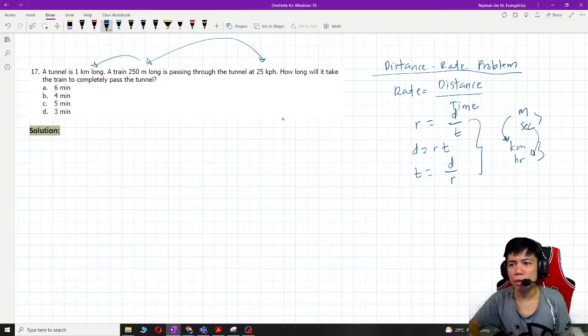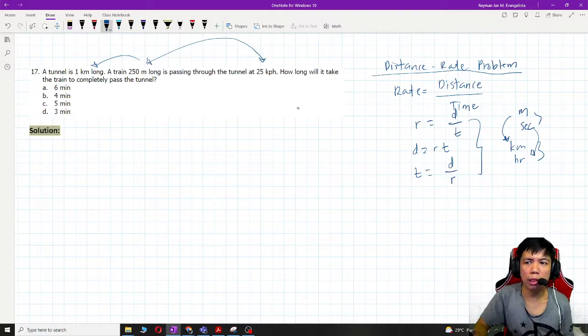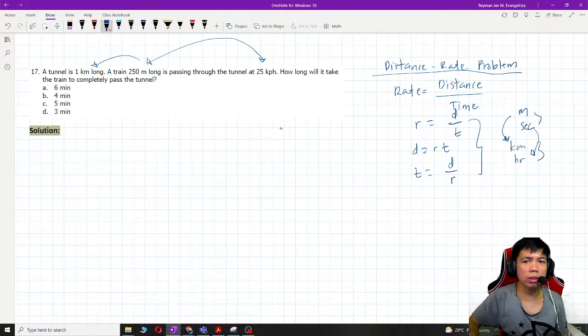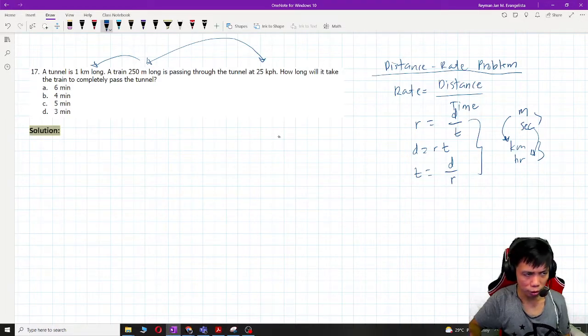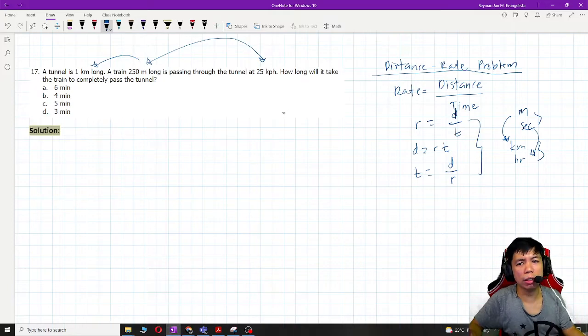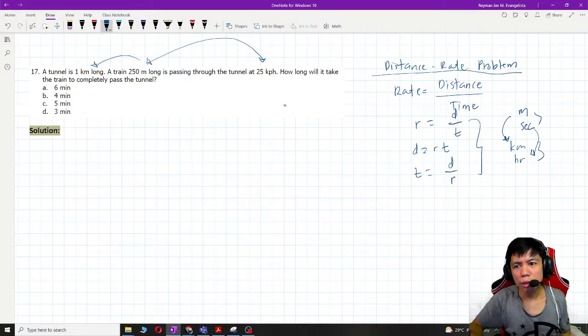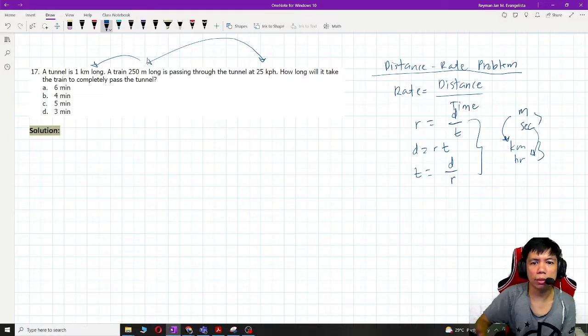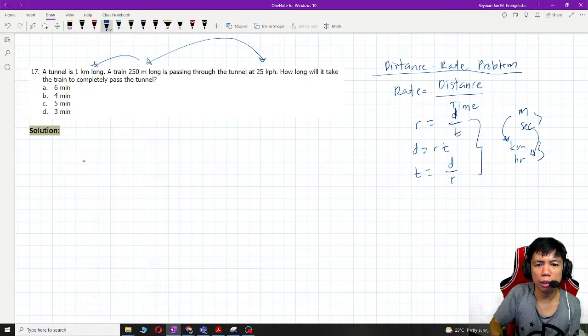Pag sinabing completely pass, ibig sabihin yung entire length of the train lumampas na dun sa 1 kilometer long na tunnel. So ganito yan.